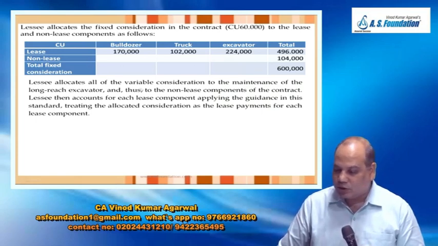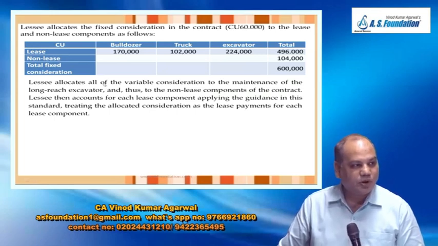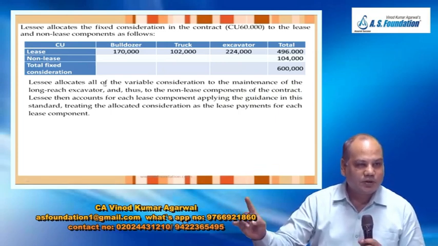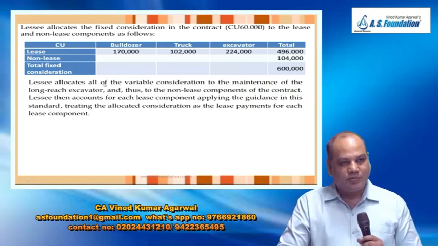Then lessee allocates all of the variable consideration to the maintenance of the long reach excavator and thus to the non-lease component of the contract. Variable consideration we will not consider because it is based on future performance. Only fixed amount is considered as a lease payment.